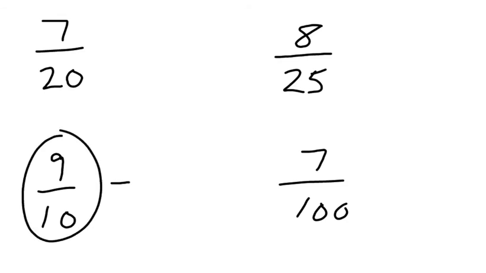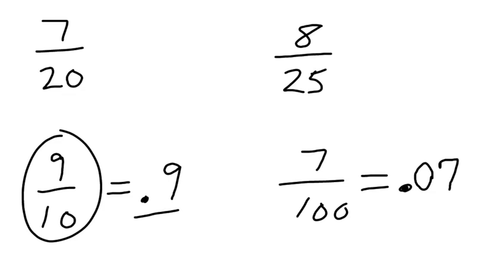Well, 9/10 means put 9 in the tenths place. So that's 0.9. That's pretty easy. 9/10 is 0.9. And 7/100 means put 7 in the 100ths place. Well, the 100ths place is over here, so you have to put a 0 in the tenths place. That's 0.07.